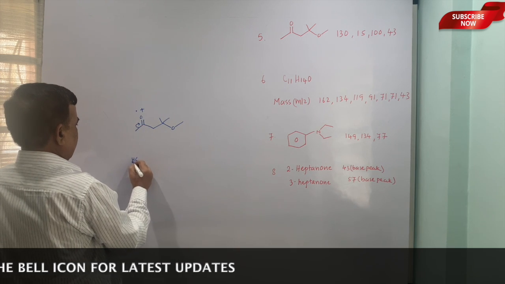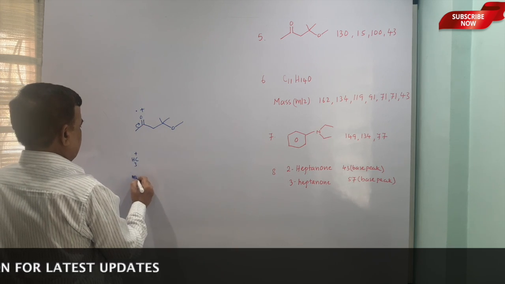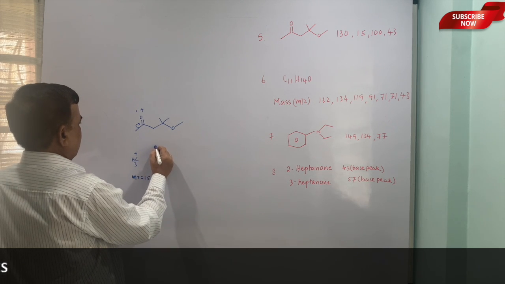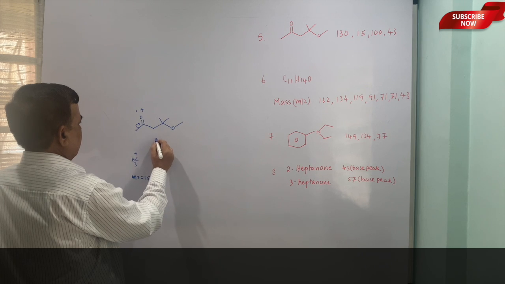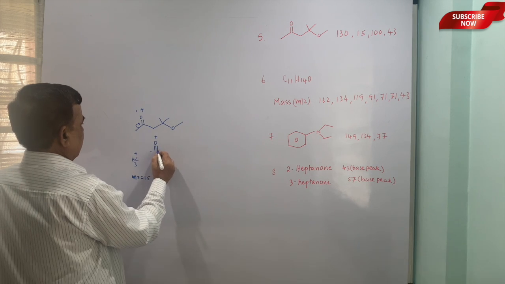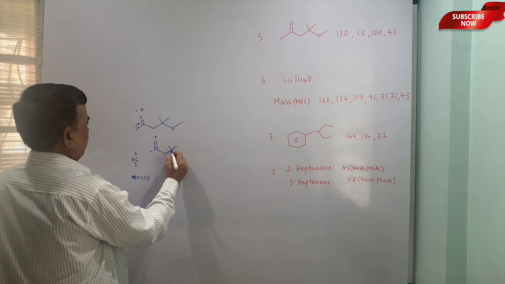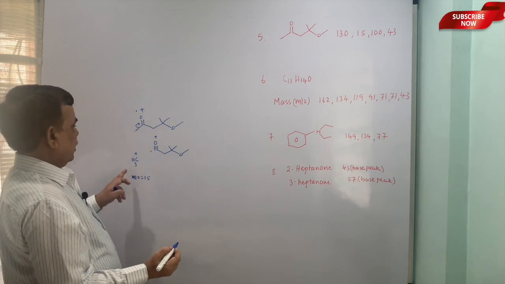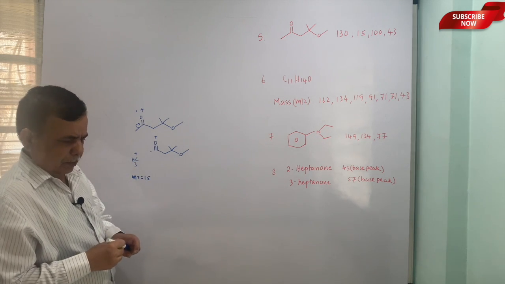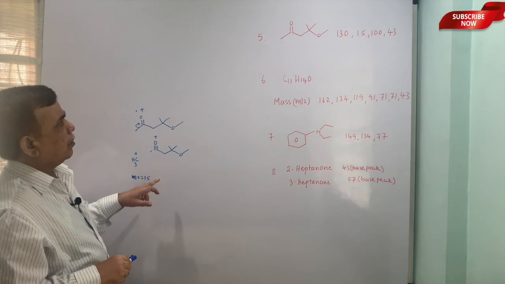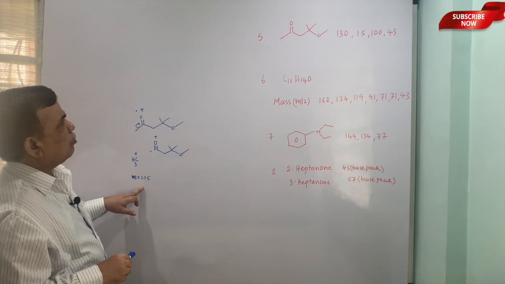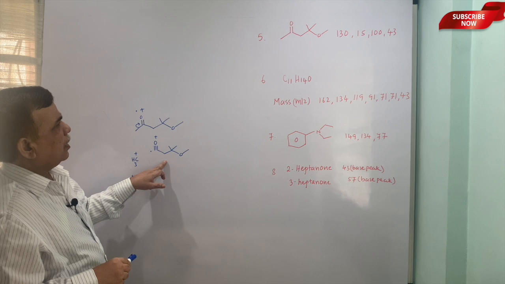So you will have CH3 plus, m/z equal to 15, and this side you are going to have a triple bond with a positive charge there. This is important, this is not. And 100: if 15 goes off, it is 115.